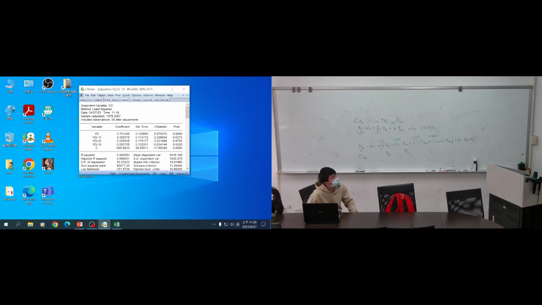We do have the numbers decline, but up to the third period they become negative, right? Although look at this one, the probability is not significant, but actually we just look at signs, which are different.